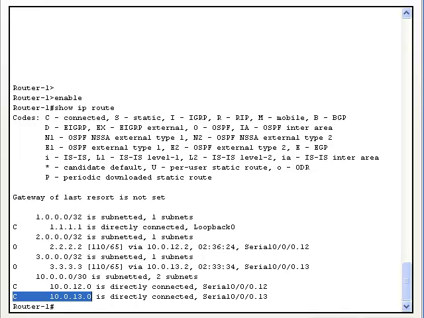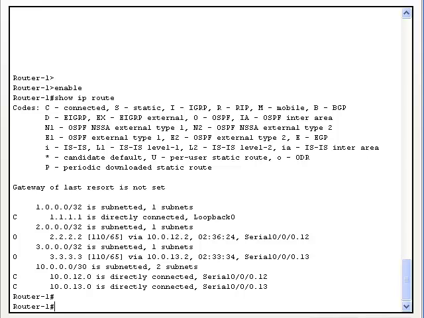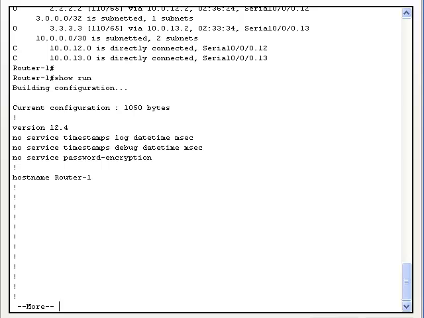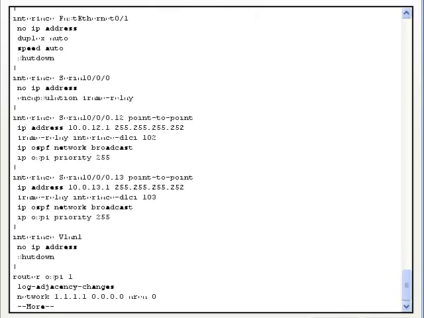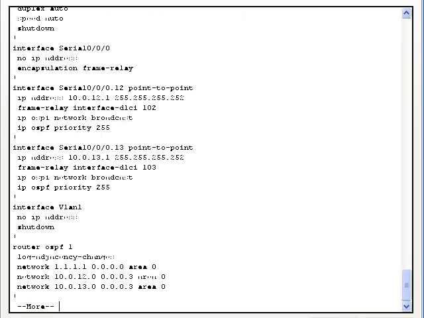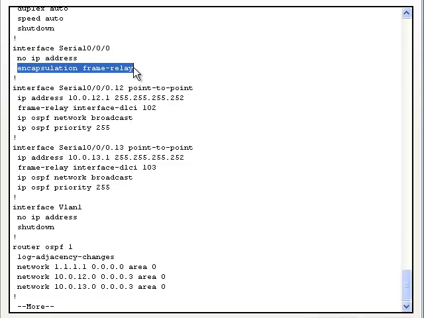Now let's take a look at the running configuration. We enabled the frame relay protocol on serial interface 0.